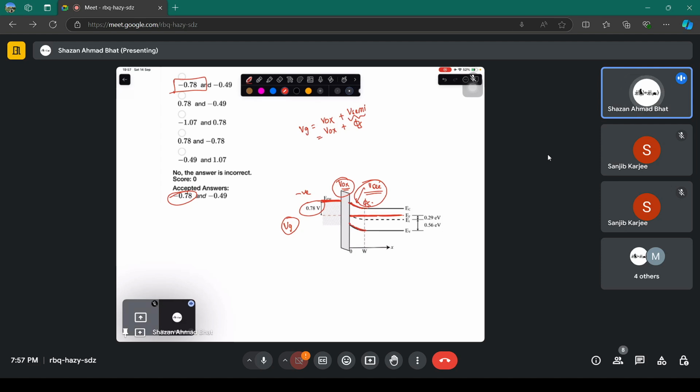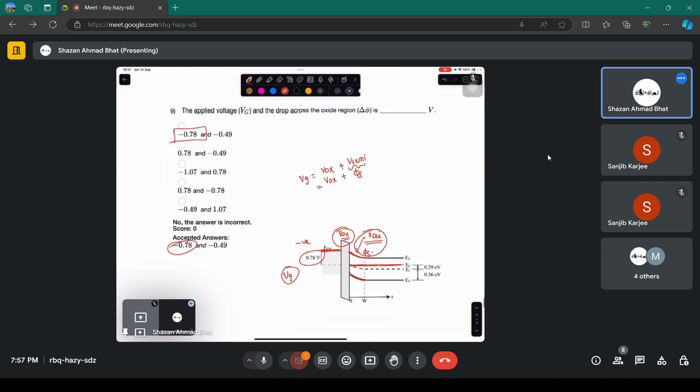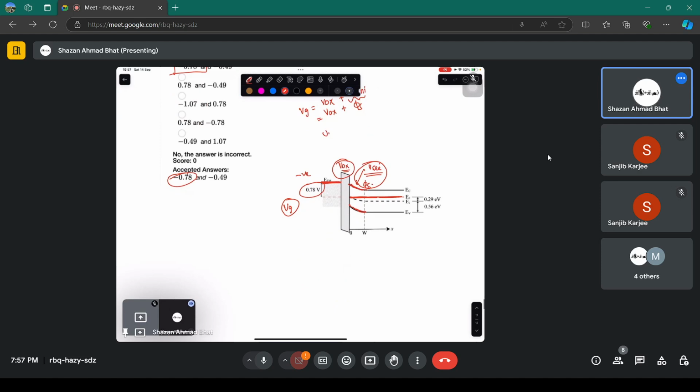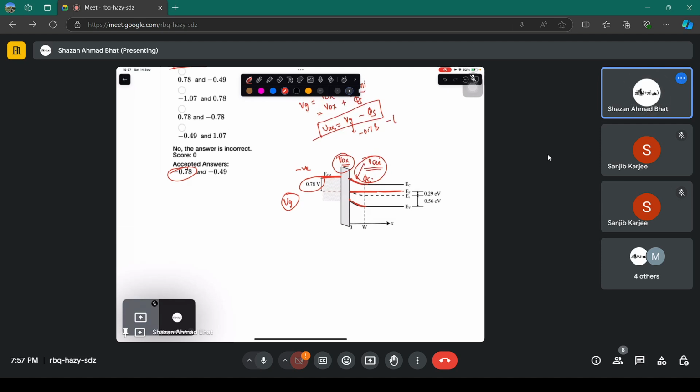Now what you have to compute is the drop across the oxide. That means you have to compute Vox. That will be gate voltage minus the surface potential. Now here the sign is going to be really important. The gate voltage is negative, and the surface potential which we computed initially was also negative, minus 0.29.